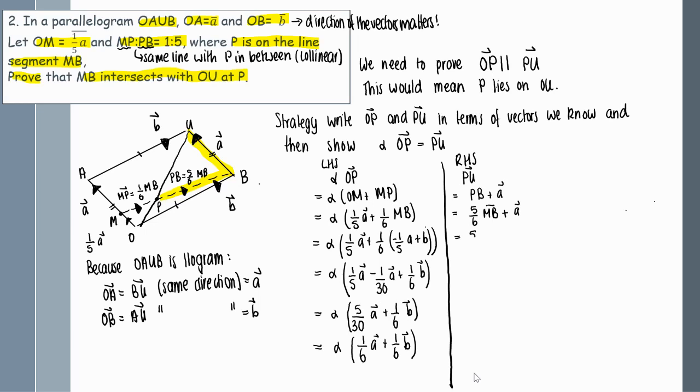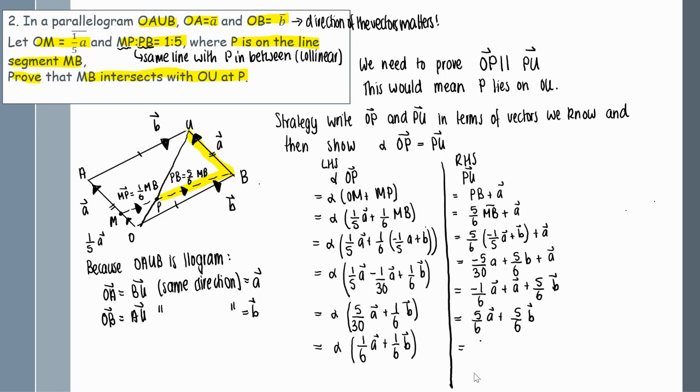This is nice because I already found MB before. Recall that MB was minus 1/5 a plus b from our left-hand side. Again, expand and simplify. Eventually we get 5/6 a plus 5/6 b.